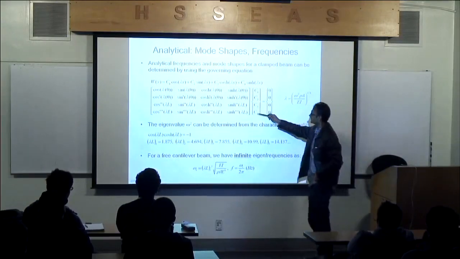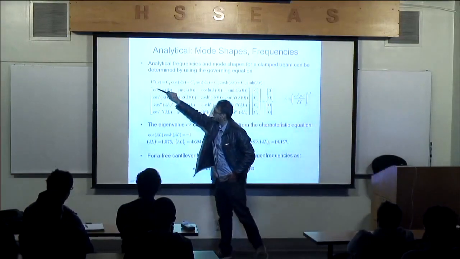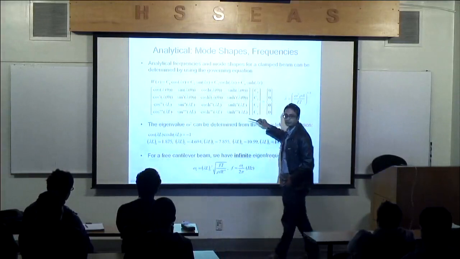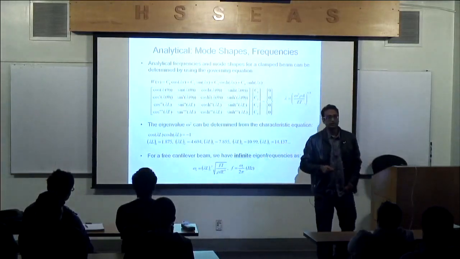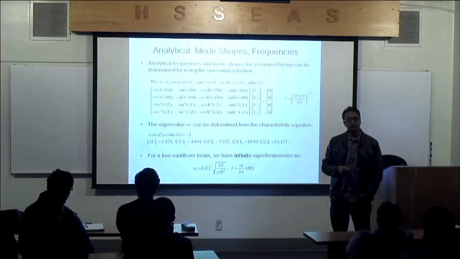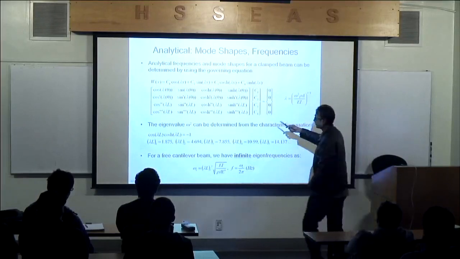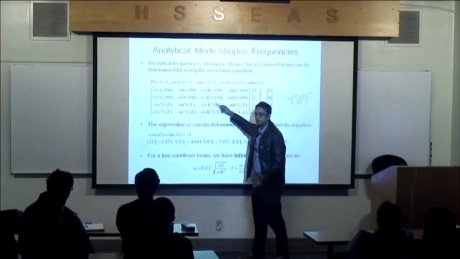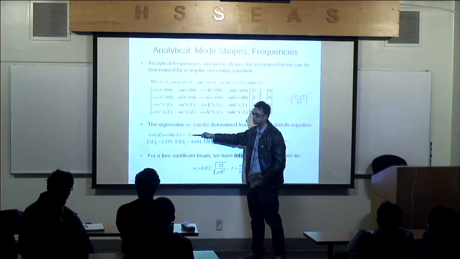So if I find the determinant of this 4x4 matrix, what I'll get is a fourth order quartic equation, which we call the characteristic equation. And from that characteristic equation, when you actually do this at home, if you want to go ahead and do that, what you'll get is this equation right here.